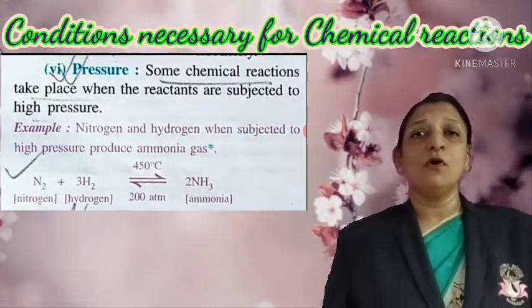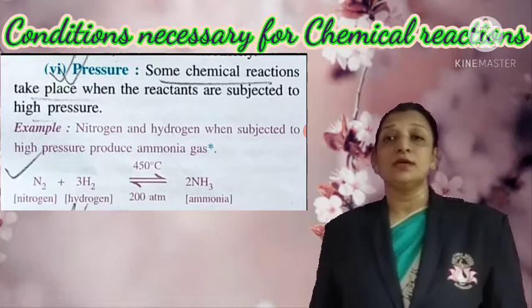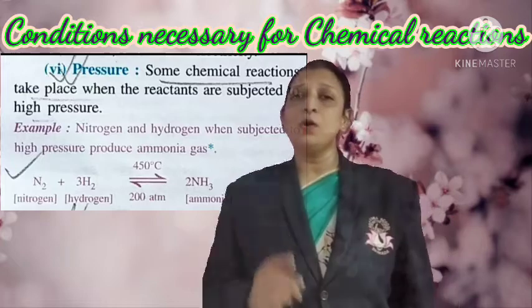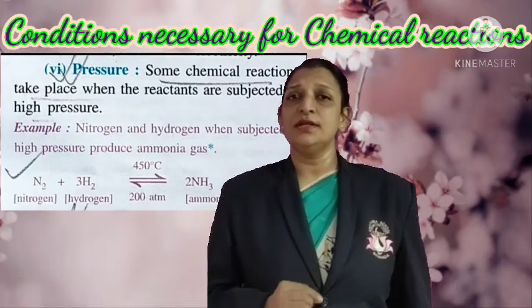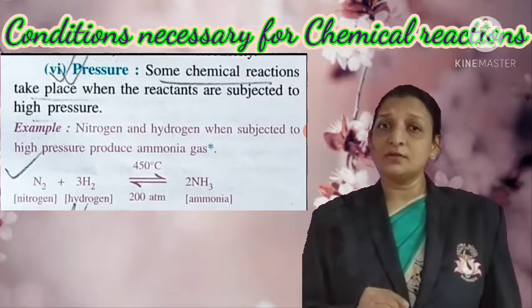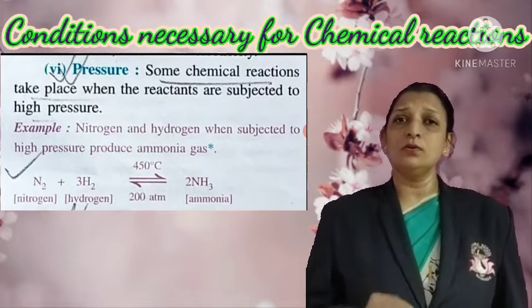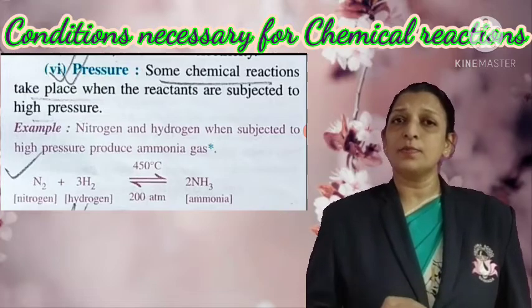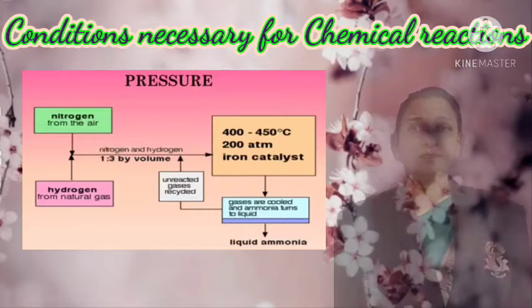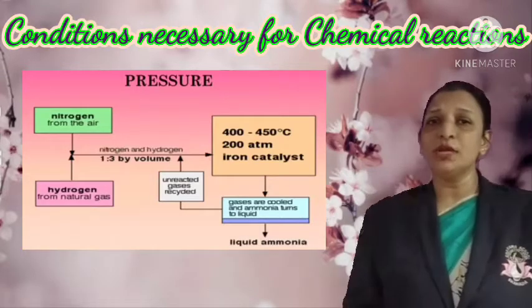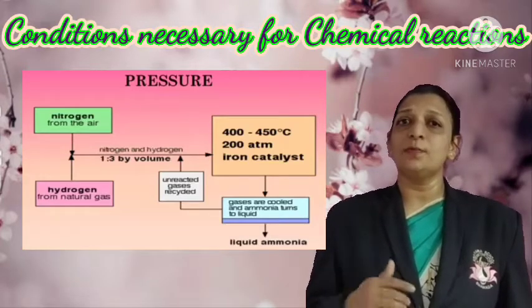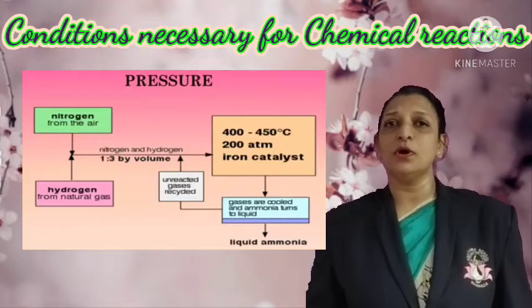Next condition for chemical reaction to be taken place is pressure. Some chemical reactions are taking place only when they are subjected under the high pressure. Hydrogen and nitrogen gas, when are allowed to sit in high pressure and low temperature, ammonia is produced. Let us observe ammonia production plant and see how the two gases under pressure reacts with each other to give ammonia.